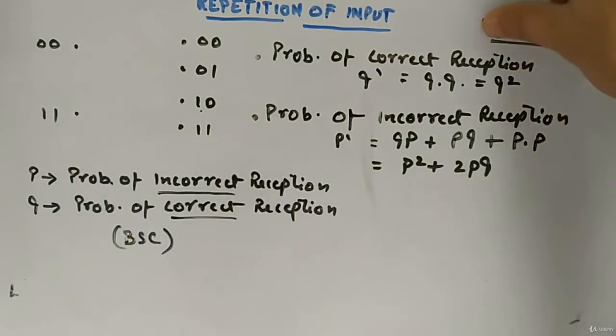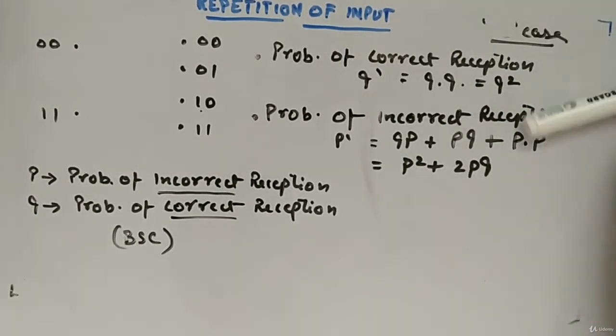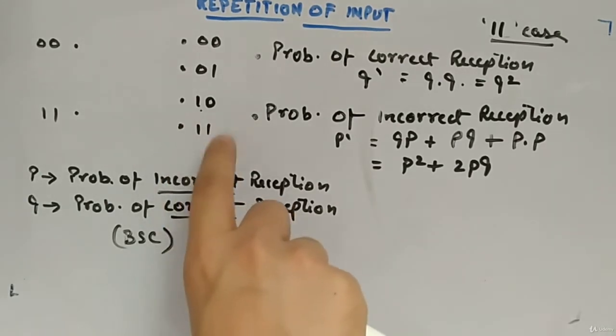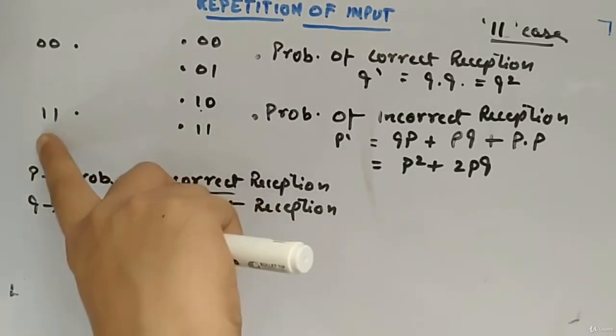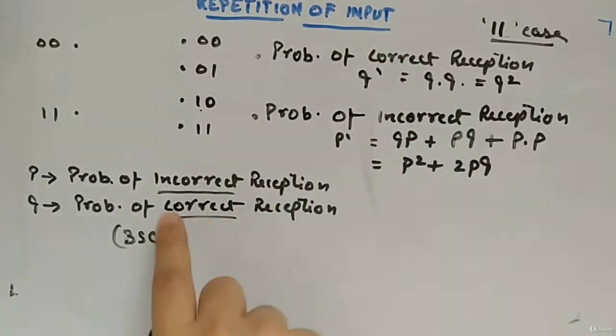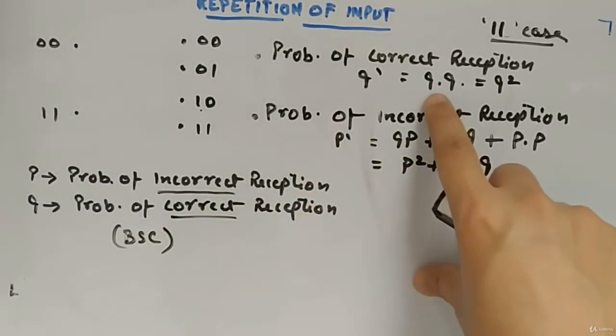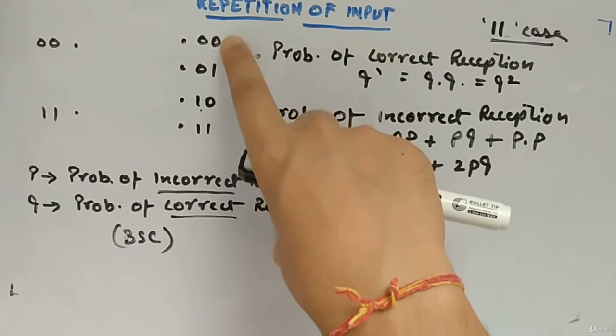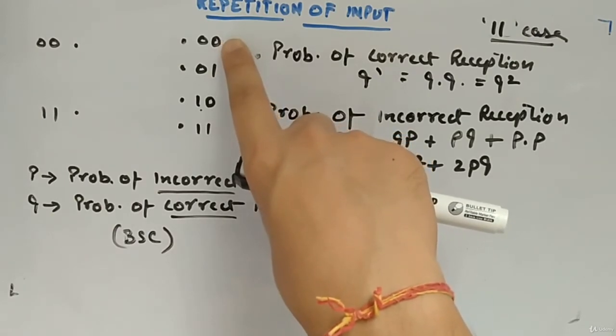Now let's see the 1, 1 case, and you will realize that the probabilities are similar. When you are sending 1, 1, you consider this as the correct reception: you send 1, receive 1, send 1, receive 1. Both are correct, Q into Q, that is Q square. In this case the rest of the three symbols will be incorrect reception.